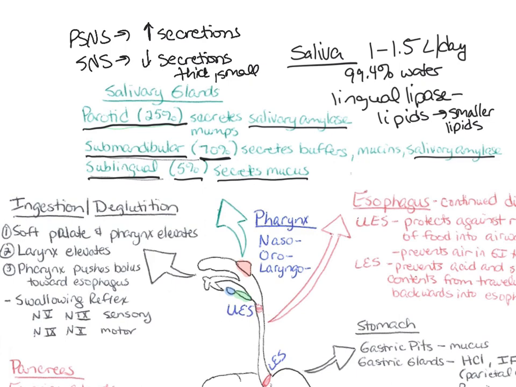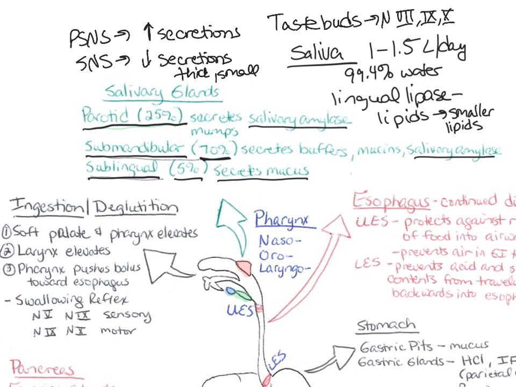So the cranial nerves that are sensing objects in your mouth or sensing the chemicals through the taste buds, those sensations have to travel back to the central nervous system. And so as far as taste buds, when you're tasting things, the taste buds are going to activate or stimulate cranial nerves 7, 9, and 10.